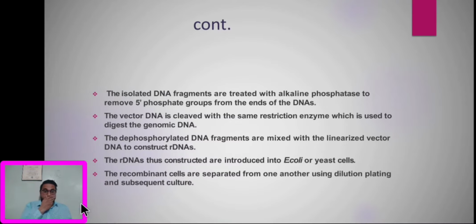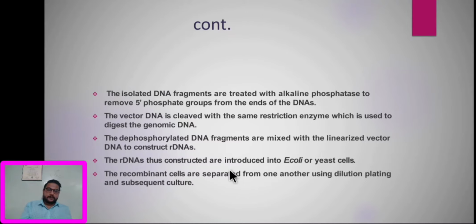Okay, the dephosphorylated DNA fragments are mixed with the linearized vector DNA to construct the rDNAs. Then the rDNAs thus constructed are introduced into E. coli or yeast cells. The recombinant DNAs which are constructed are allowed to transform into the E. coli cells or the yeast cells.